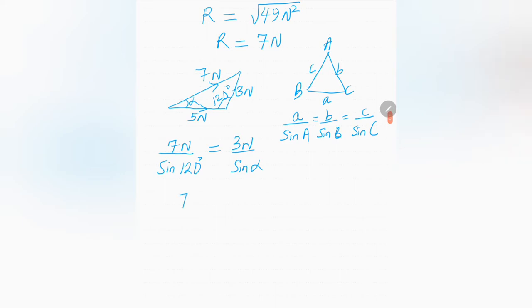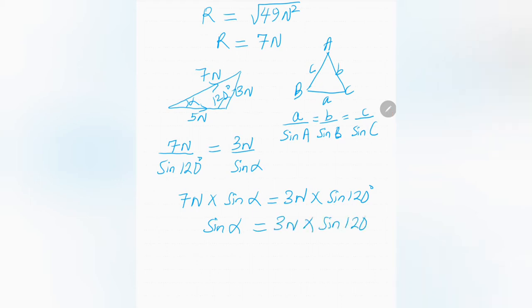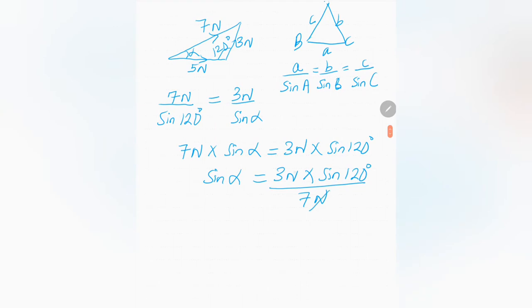So you have 7 Newton multiplied by sine alpha is equal to 3 Newton multiplied by sine 120 degrees, what some people call cross multiply. So your sine alpha will be equal to 3 Newton times sine 120 degrees, if you divide both sides by 7 Newton over 7 Newton. Newton can cancel Newton here.